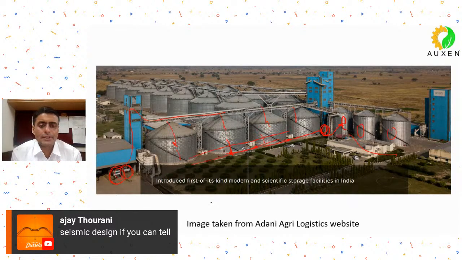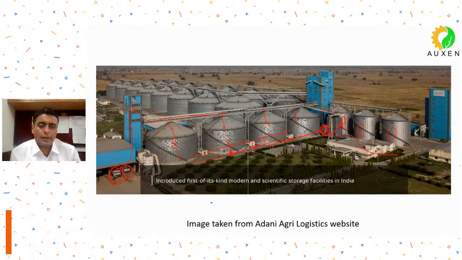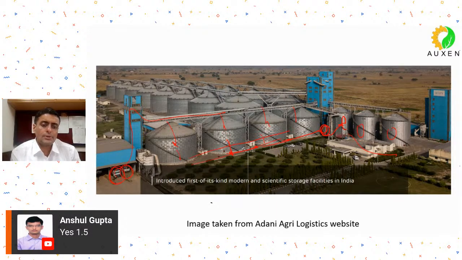So in seismic design calculations, mainly what is done is that all the materials over here will have different damping factors. Your grain has a very high damping factor, a very high damping ratio. So because of the very high damping ratio, it will have a low multiplying factor.